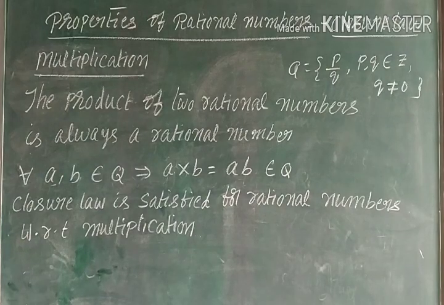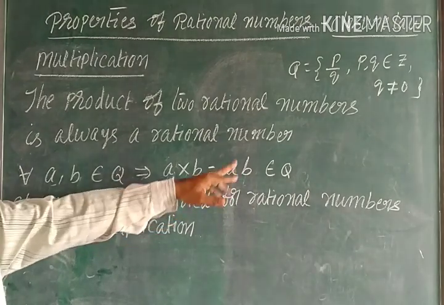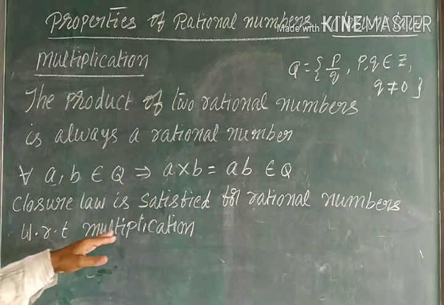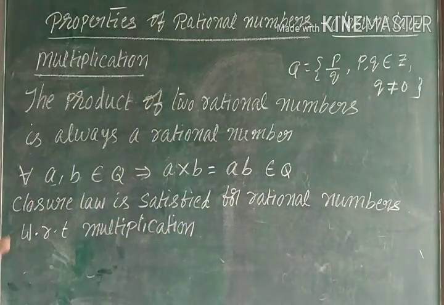So the product of two rational numbers is always a rational number. Next, for all a, b belongs to Q, that implies a into b equals ab belongs to Q. Closure law is satisfied for rational numbers with respect to multiplication.